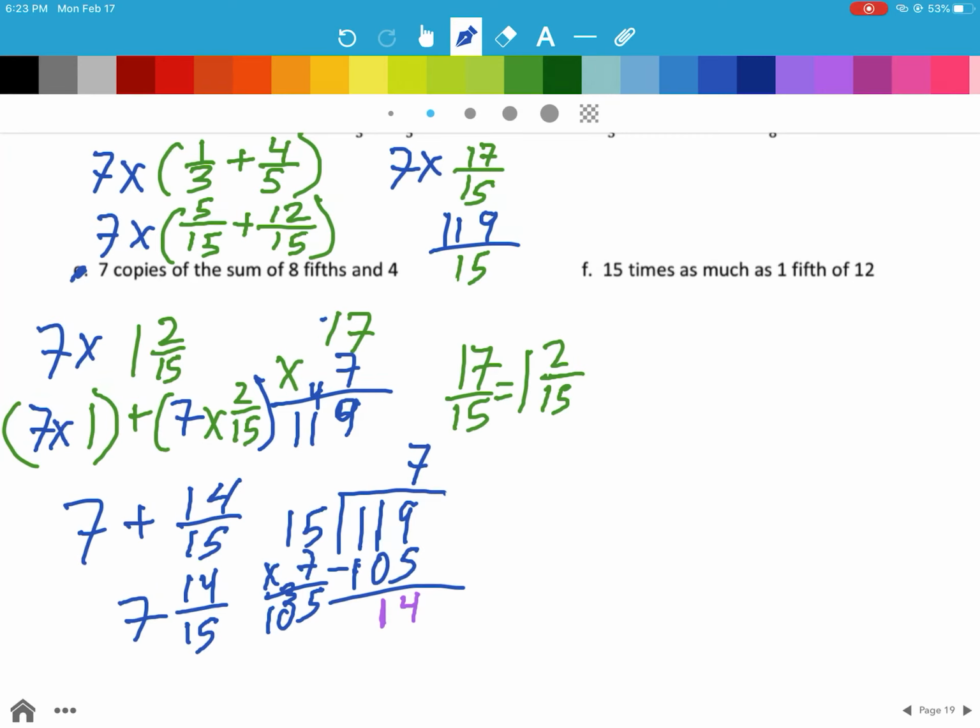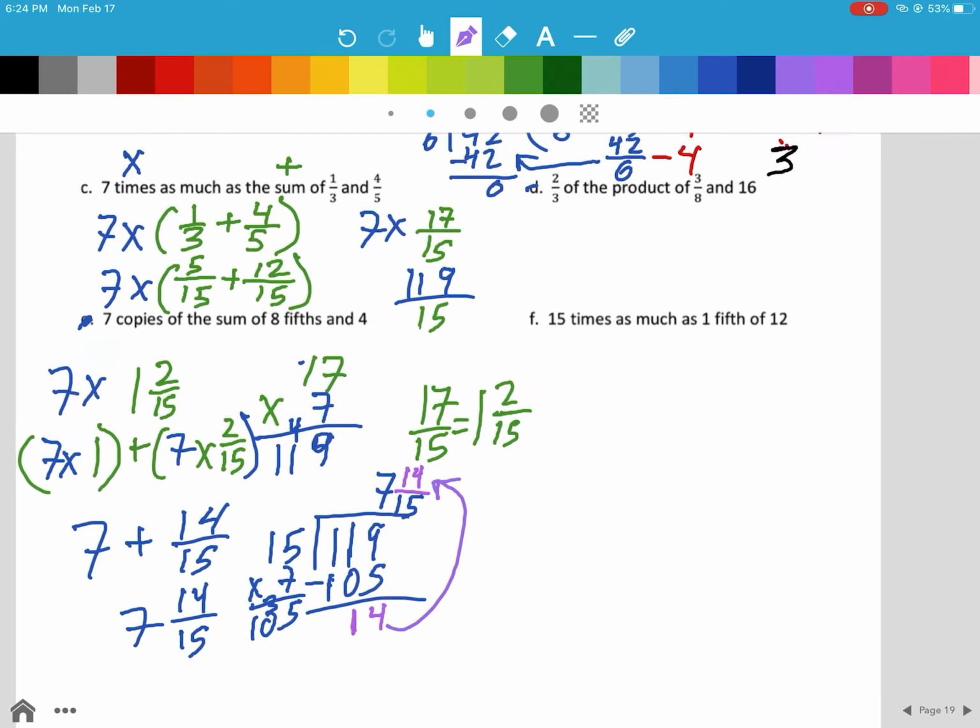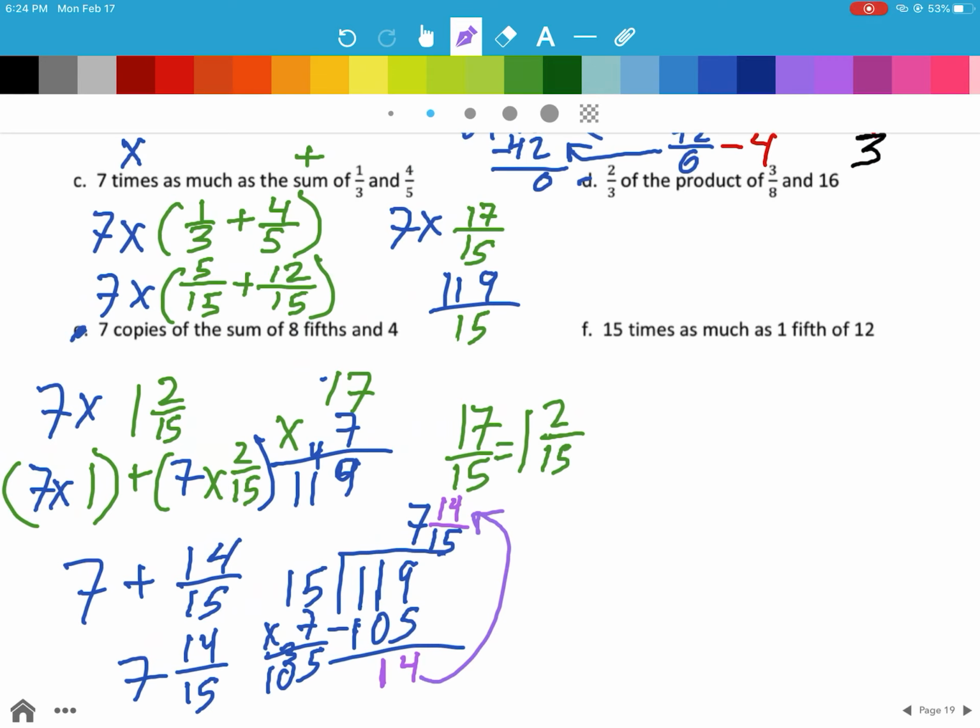Okay, so this would be 7 and 14/15. Ta-da! Same thing. My remainder goes up here, and it's 14. How did I know it was 7? Guessing, but also because I just did it the other way, I was able to do it. Okay? Wow, that gives me some hope for something. All right.